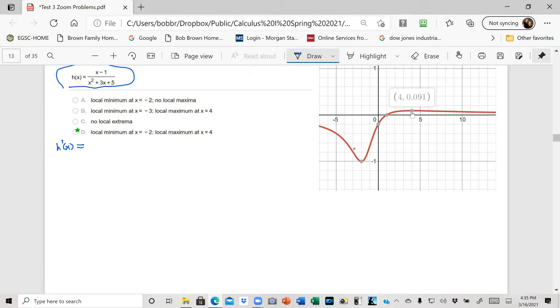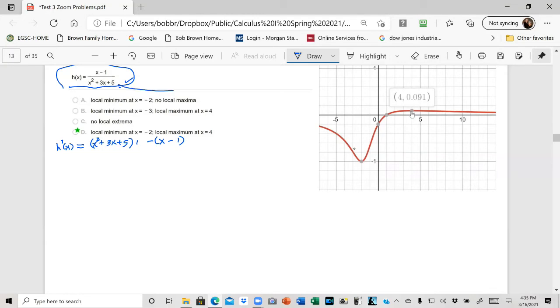we'll use the quotient rule, which says you take the bottom, which is x squared plus 3x plus 5, times the derivative of the top, which is 1, minus the top times the derivative of the bottom.